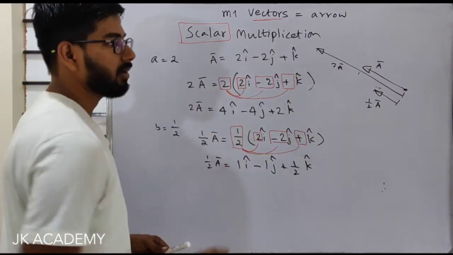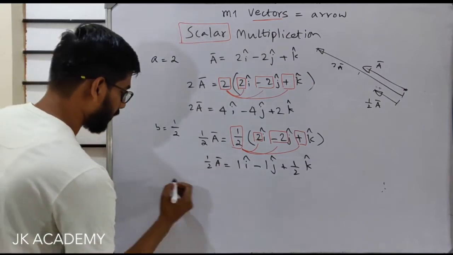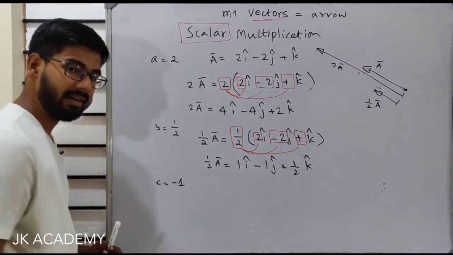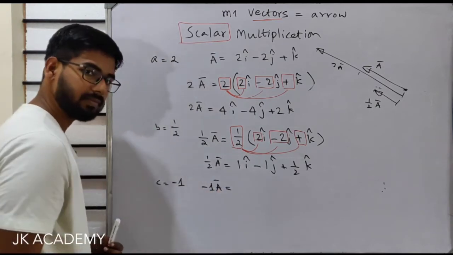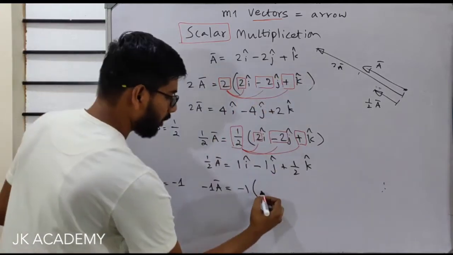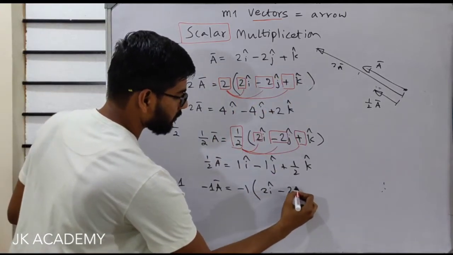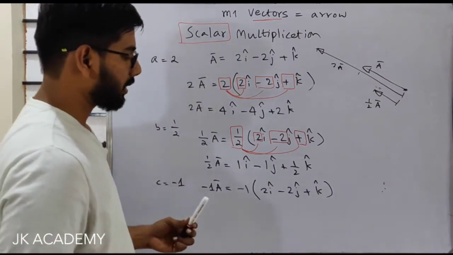do scalar multiplication. Okay, so what happens if I multiply by the scalar minus 1? Minus 1 times a bar. So minus 1 into what was my vector? 2i cap minus 2j cap plus k cap.